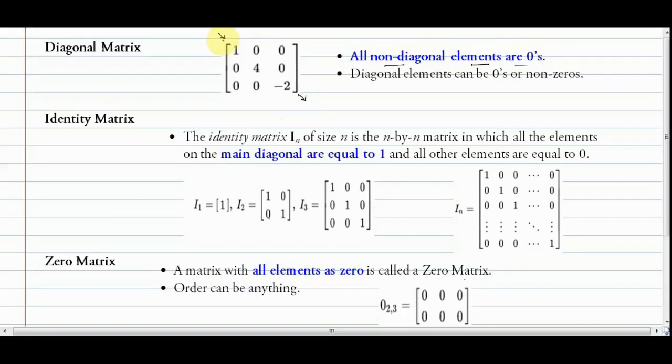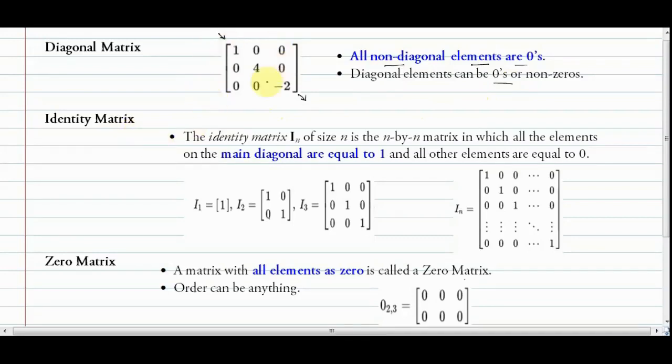So the elements along the main diagonal are zeros or non-zeros, but all other elements are zeros. So diagonal elements can be zeros or non-zeros.